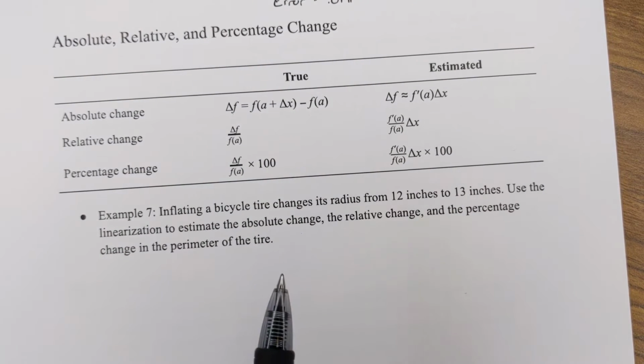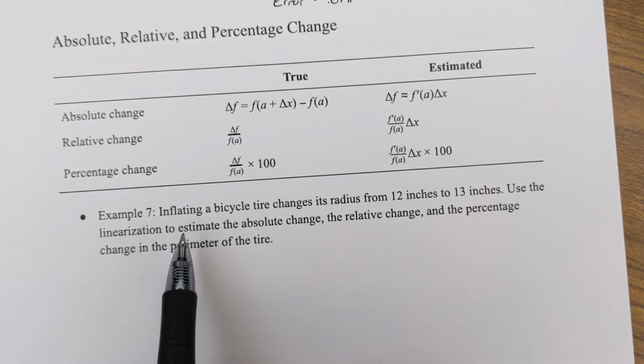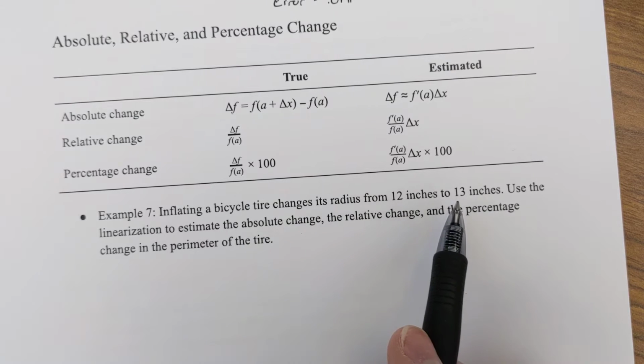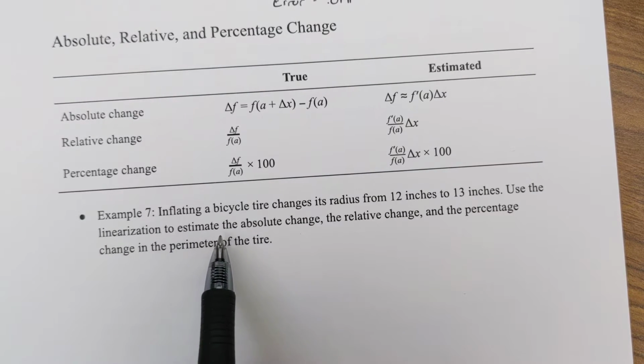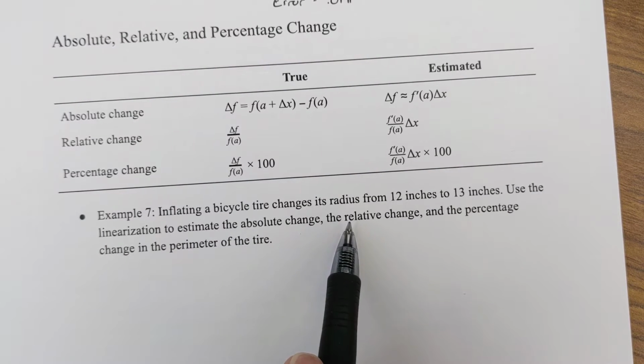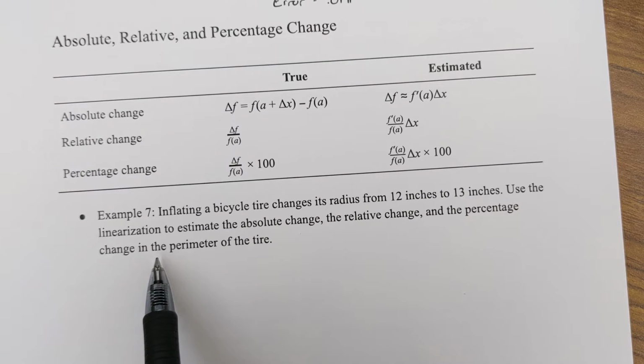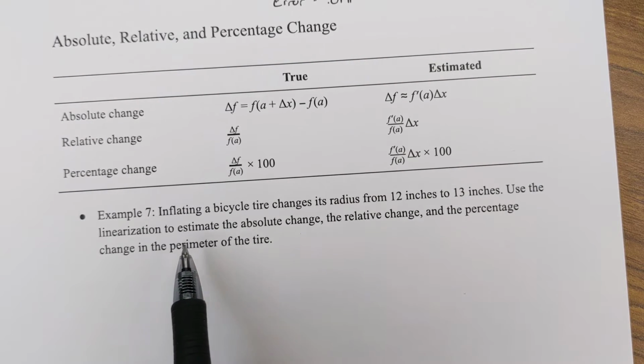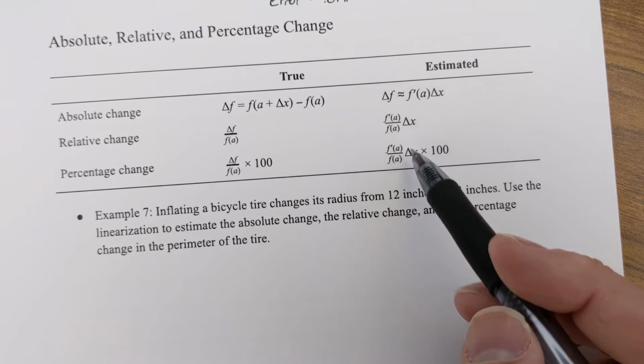So it says here, inflating a bicycle tire changes the radius from 12 to 13 inches. Use the linearization to estimate the absolute change, the relative change, and the percent change of the perimeter of the tire. So we're using the estimated formula over here.